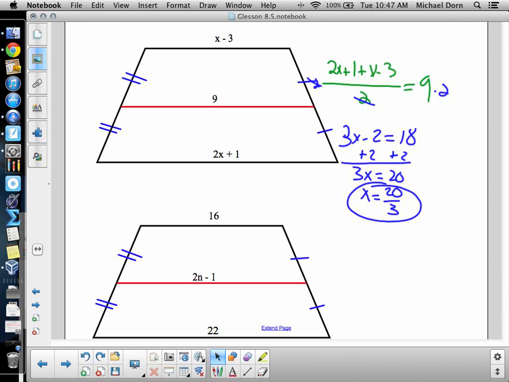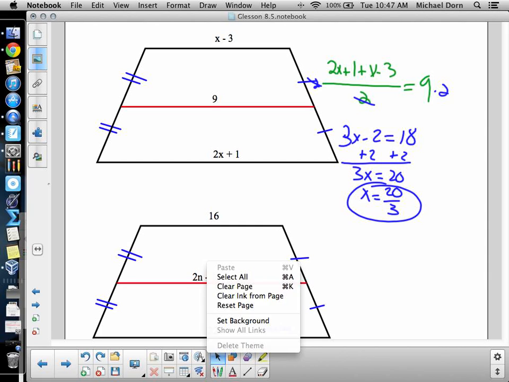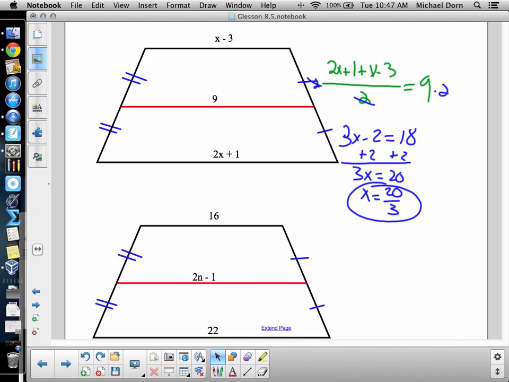Well, 16 plus 22 is what? 38 divided by 2. 19, thank you. That segment must be 19, right? Plus 3 plus 3, right?